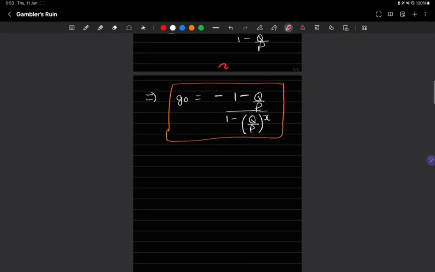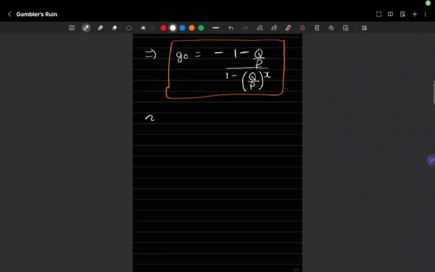Now we can use this equation to find the value of Qx, which is the probability that from position X we reach ruin, that is, reaching the state of 0, which is getting broke.